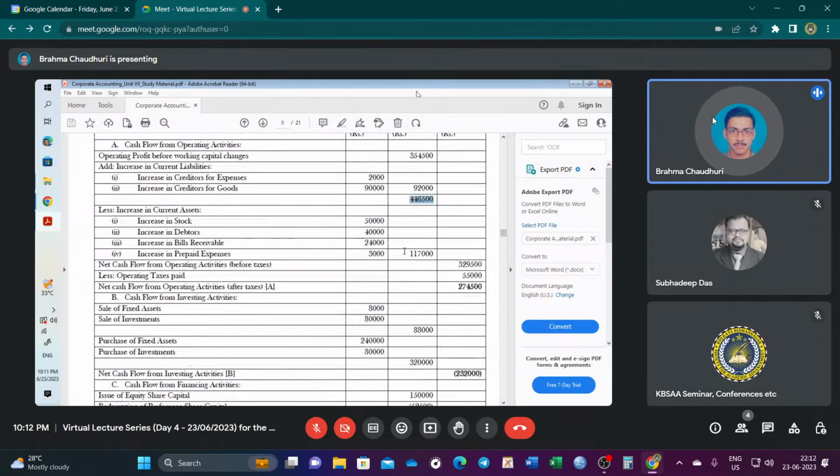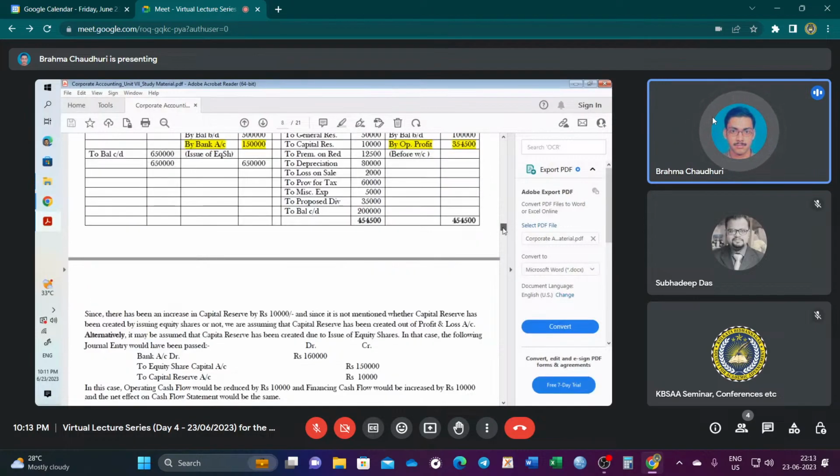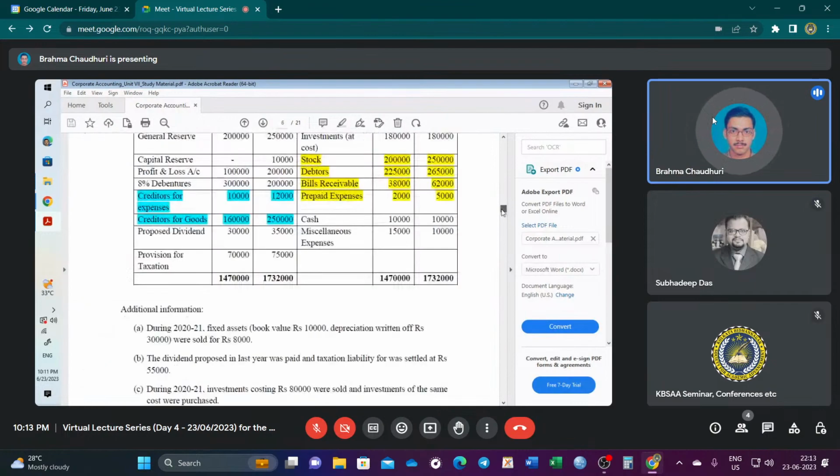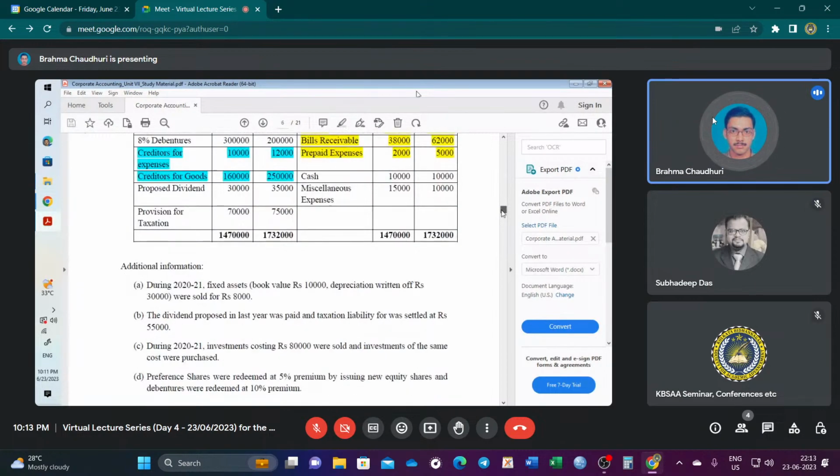So this 1,17,000 is deducted from the 4,46,500, and we are arriving at the net cash flow from operating activities before taxes, that is 3,29,500. Now in the given problem, taxes paid is 55,000. Opening balance was 70,000, closing balance was 75,000.